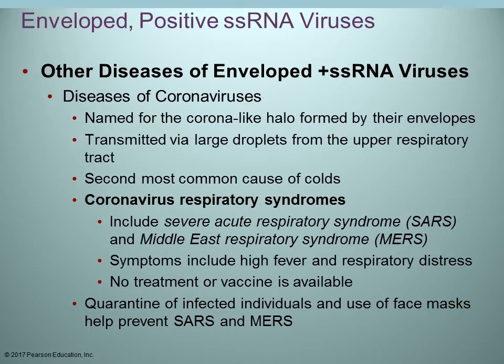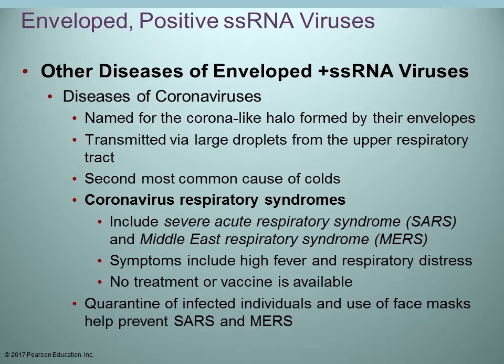There have been several what we call coronavirus respiratory syndromes. This includes SARS and MERS. SARS is Severe Acute Respiratory Syndrome, and MERS stands for Middle East Respiratory Syndrome. The symptoms include high fever, and obviously it's an upper respiratory infection, so you may have shortness of breath.